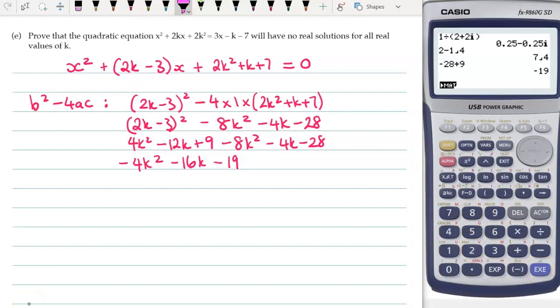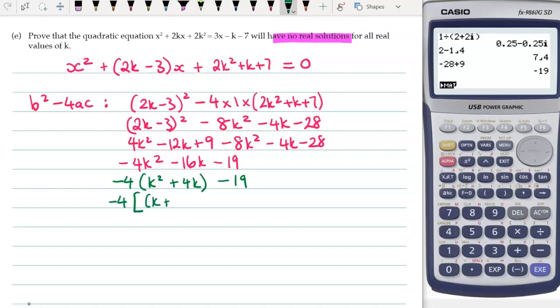Now, if we're thinking about types of solutions, we need to show that this will either always be positive or always be negative or always be equal to 0. And the best way to approach that is by trying to complete the square on it. So take out minus 4 and we get k squared plus 4k here, minus 19, and I'll do completing the square on that portion there.